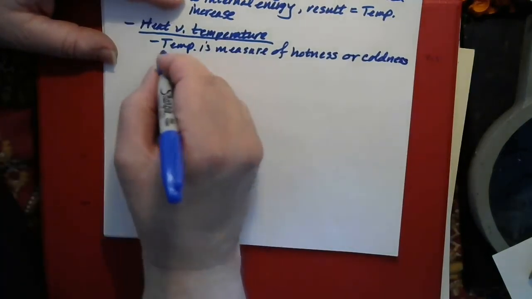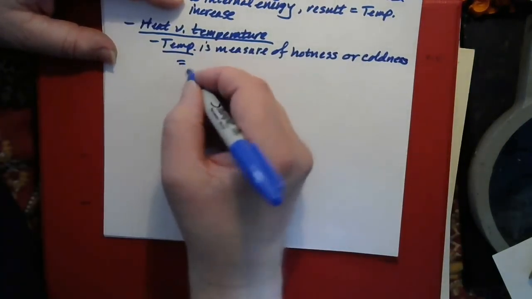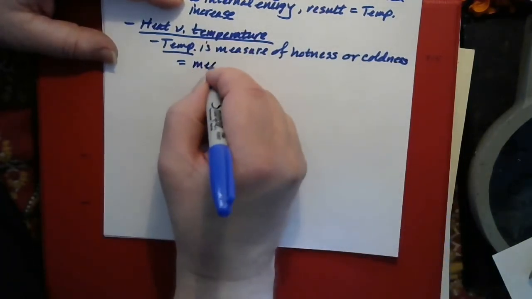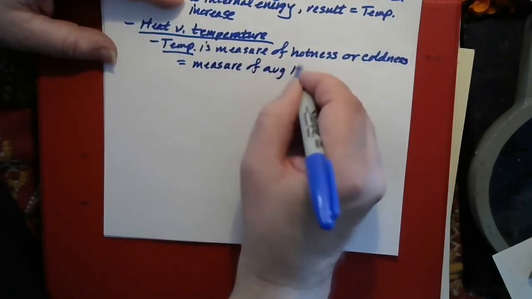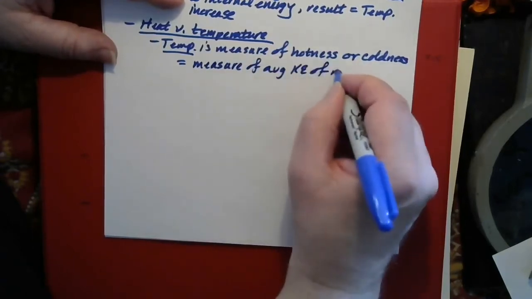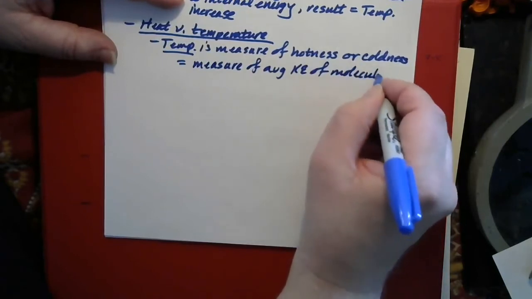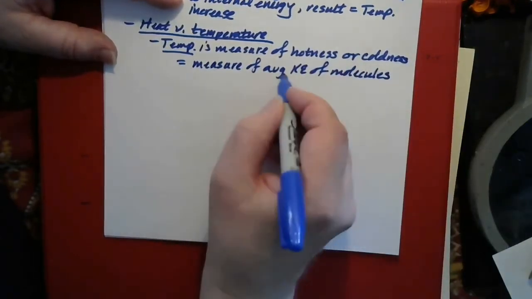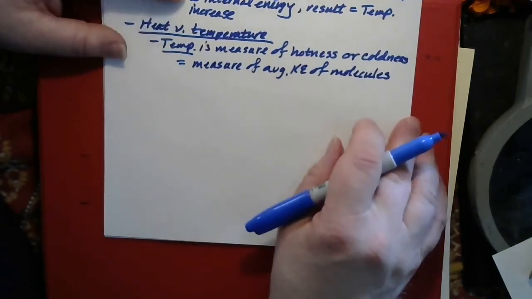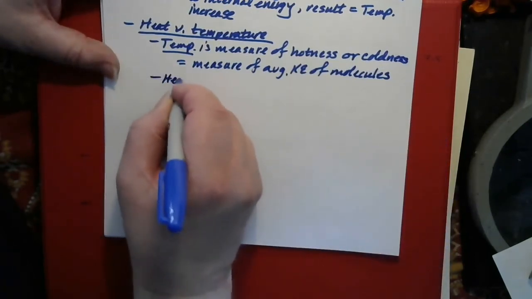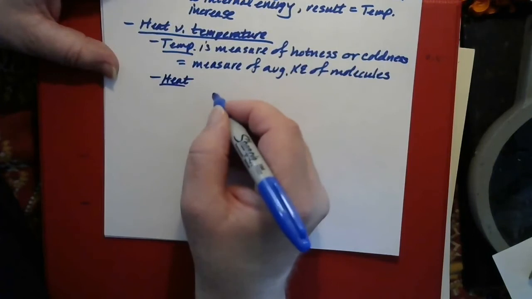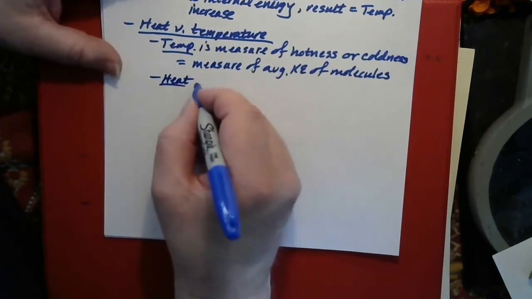It's really a measure of the average kinetic energy of the molecules. Basically, the warmer the object is, the faster the molecules vibrate and the higher the temperature is. Heat is based on the total internal energy of the molecules.